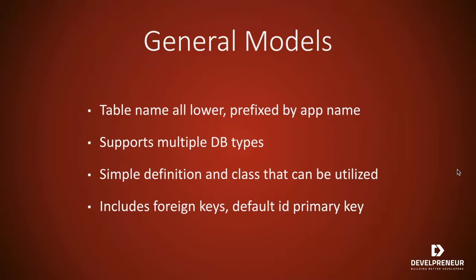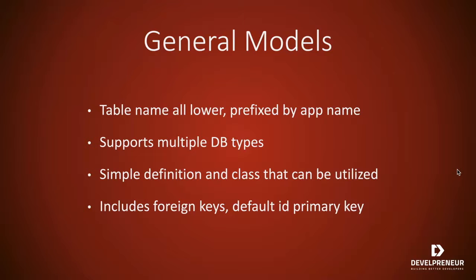So in general, let's talk about models in the Django sense. In general, a model is going to have a table name that it's going to create. You're going to essentially define a class in this models.py file.